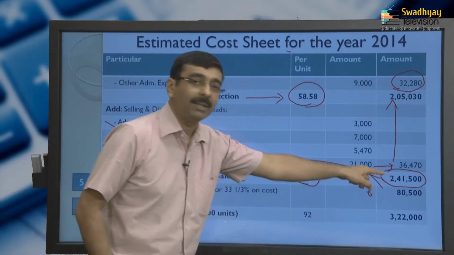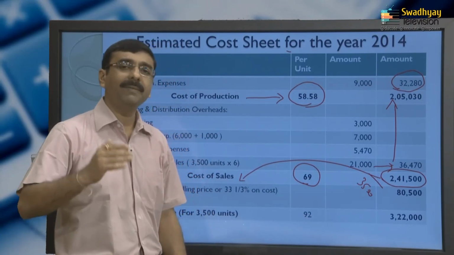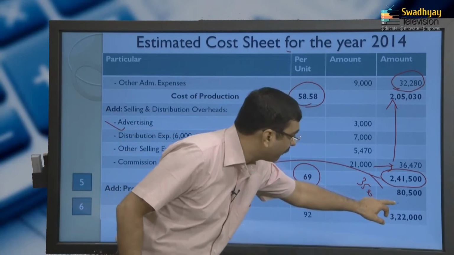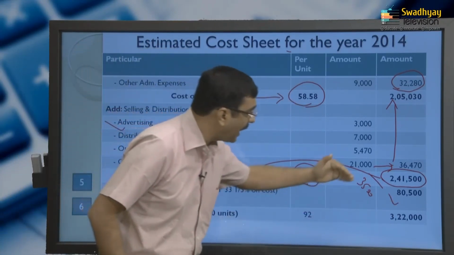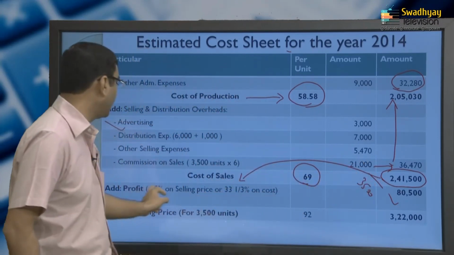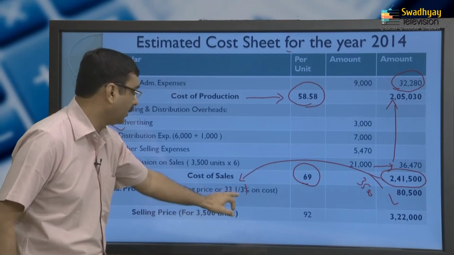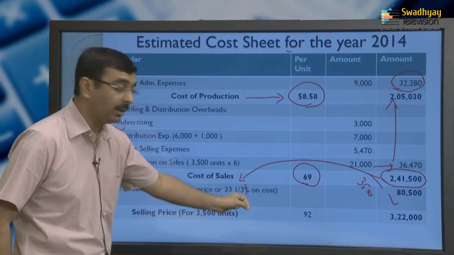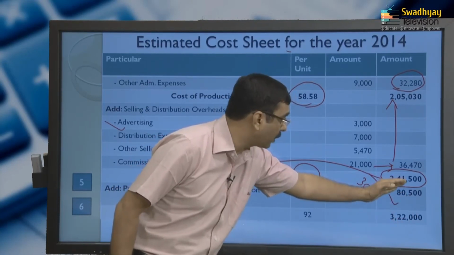So 2,41,500 multiplied by 33.33% or divided by 3, that is your profit, and the profit comes to 80,500 rupees. Profit will be added into the cost price, as we already mentioned here, 1/3 part, or you can say 33 1/3% on cost, which comes to 80,500, added into the cost price.